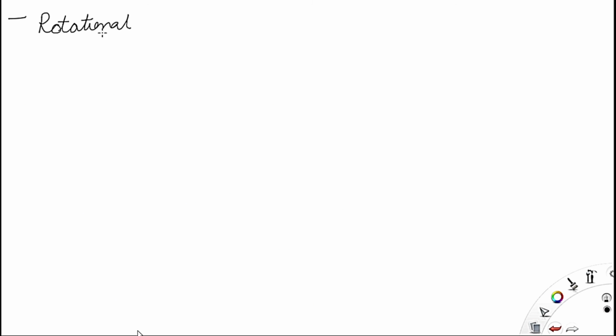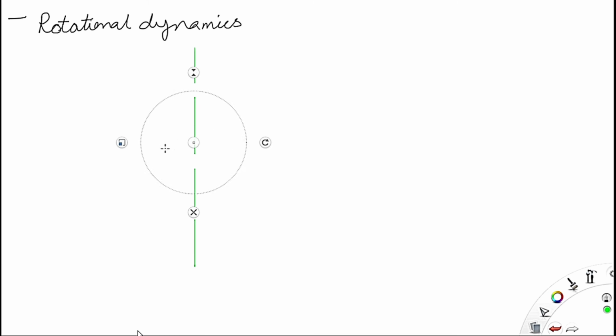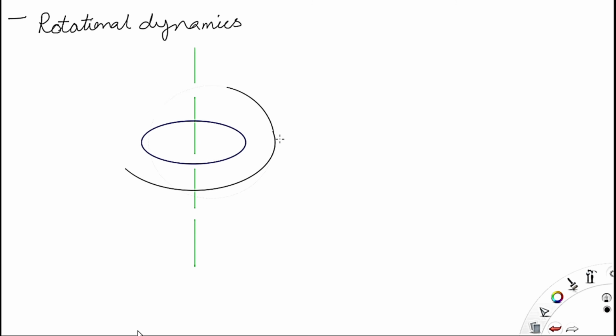Now rotational dynamics. In rotational dynamics, we will consider all the forces that are associated with the rotation. So what are the forces associated with the rotation that we have already studied in circular motion? Centripetal, centrifugal, which are both radial forces, and also tangential forces.